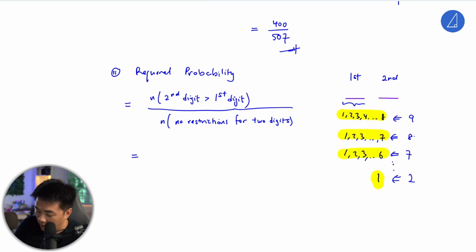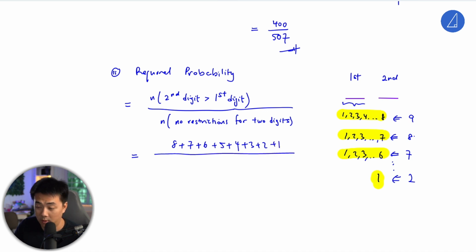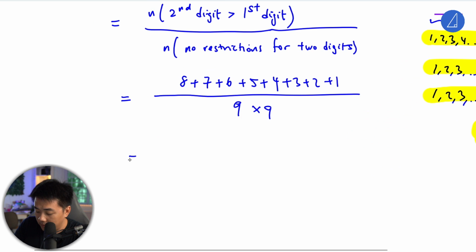So we just do 8 plus 7 plus 6 plus 5 plus 4 plus 3 plus 2 plus 1. Then no restriction would be 9 multiplied by 9. Okay, so just key in the calculator, we'll get 4 over 9.